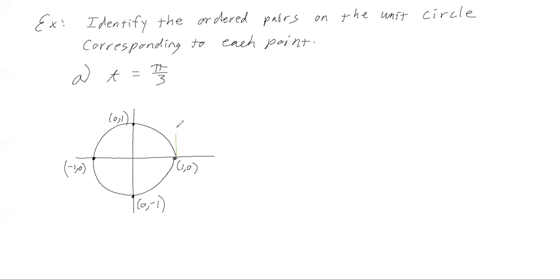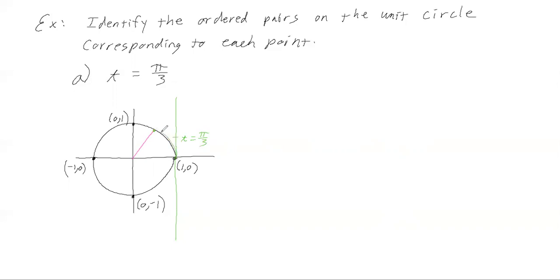Remember they had that number line right here with some t-values on it. And they're saying in this case, t is equal to pi over 3. But what did we talk about on the unit circle? The t-value is the same as that theta value, right? So we could look at this like a theta value of pi over 3.